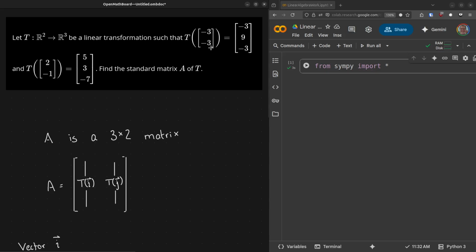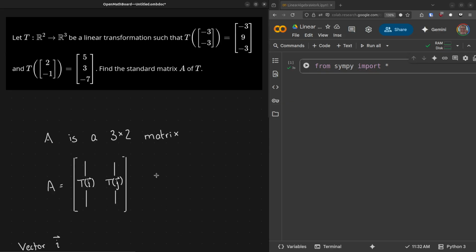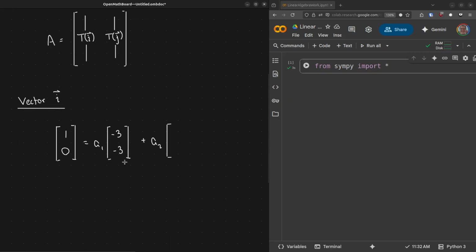Now we want to see if we can express vector i as a linear combination of these two vectors. That is some constant A1 times our first vector, (-3, -3), plus some constant A2 times our second vector, (2, -1). Okay? We want to see if we can find A1 and A2. We've done this enough that we should recognize this is just solving a system of linear equations.